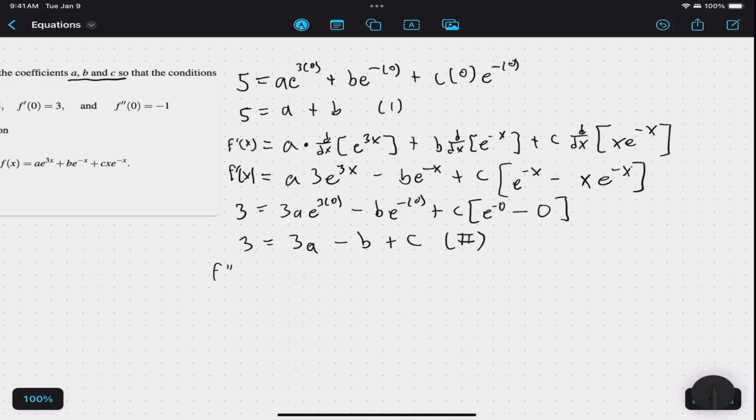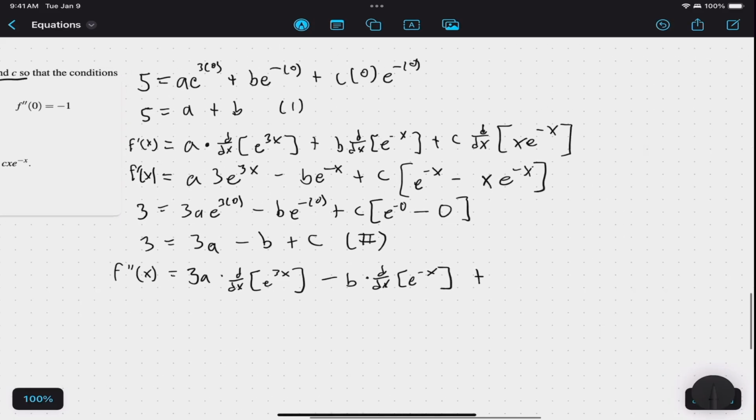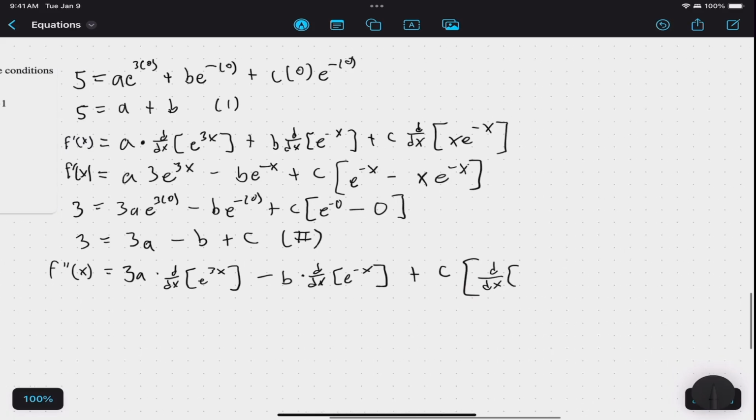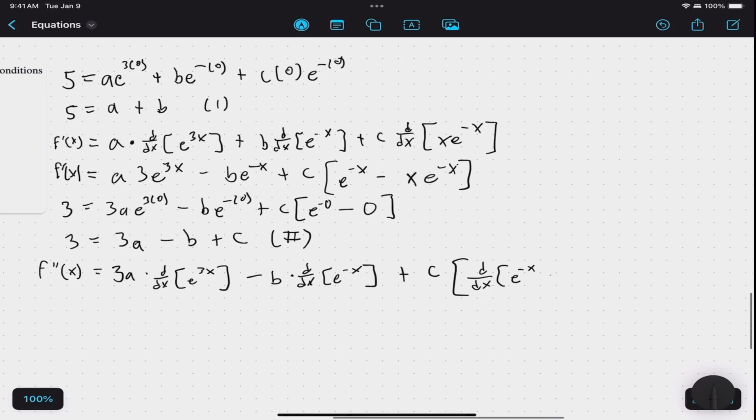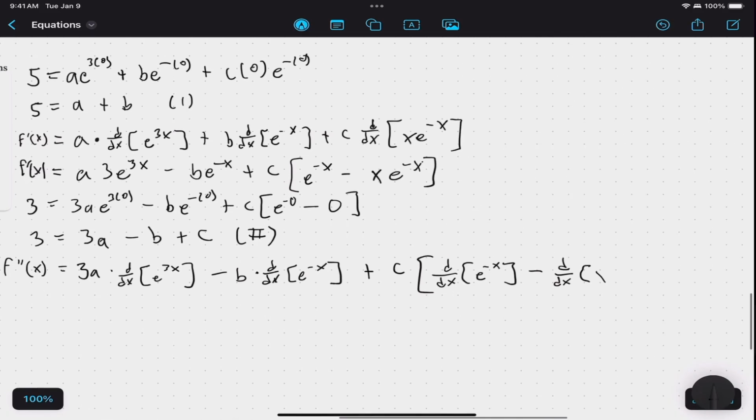So the second derivative, actually 3a is a constant, so 3a times the derivative of e to the 3x, minus b is a constant, we multiply it times the derivative of e to the negative x, plus c is a constant still, so we take the derivative of each term inside the brackets. So we take this derivative and subtract it from the other derivative.